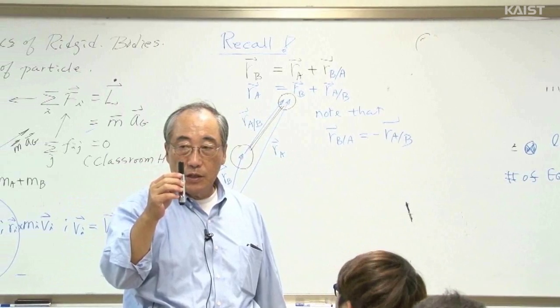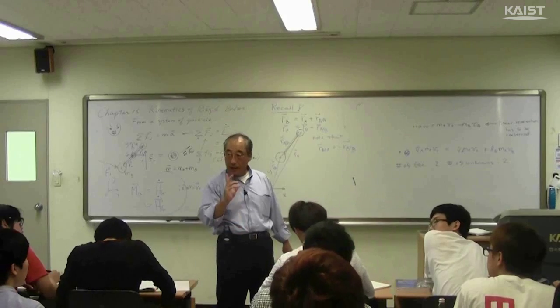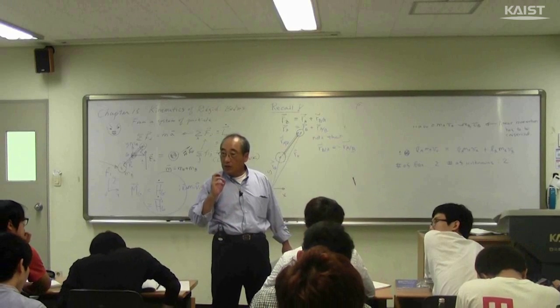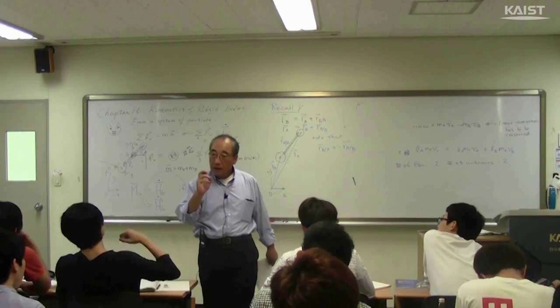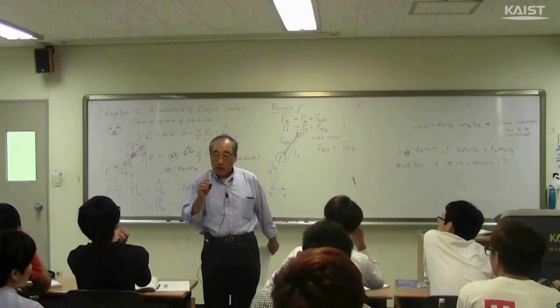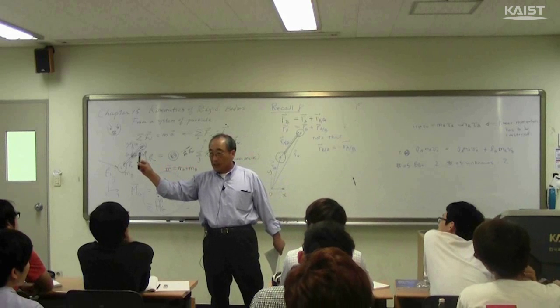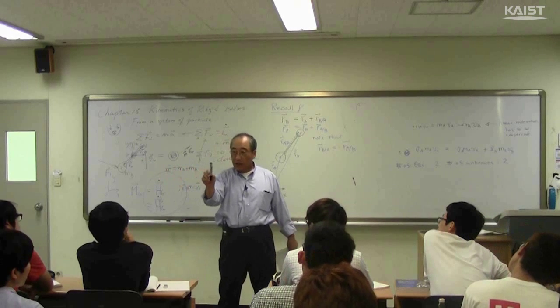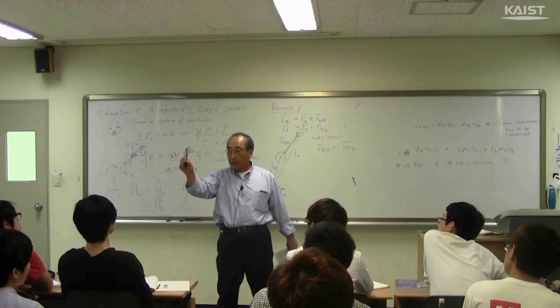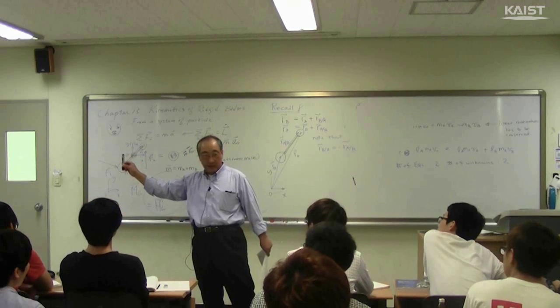This one is a very general case, right? Very general. The center of mass is moving, and there is a rotation. And what is the simplest case? The simplest case is this, translation. And another simplest case, it moves like that, but still only translation.